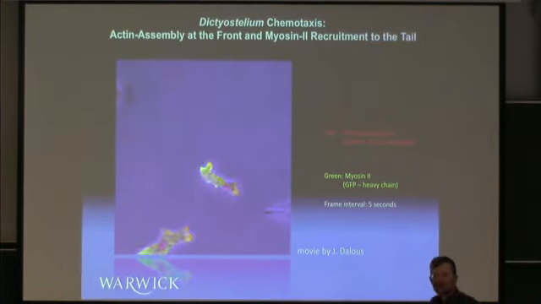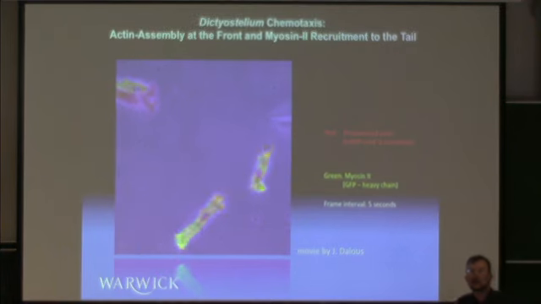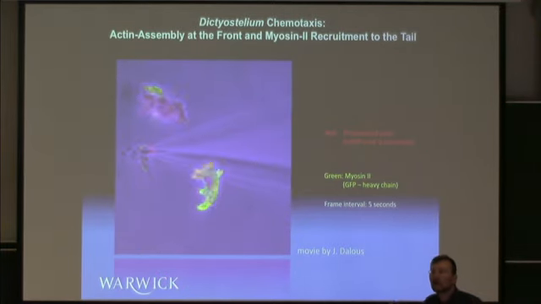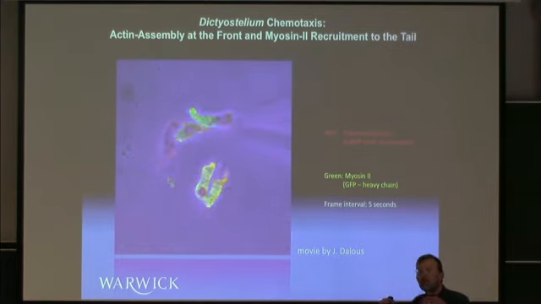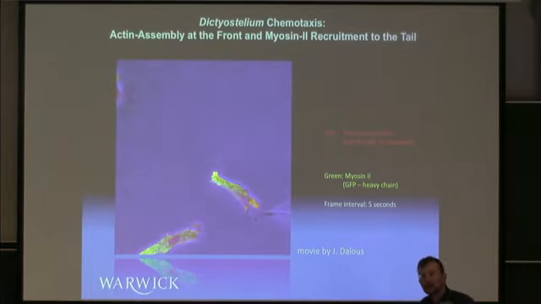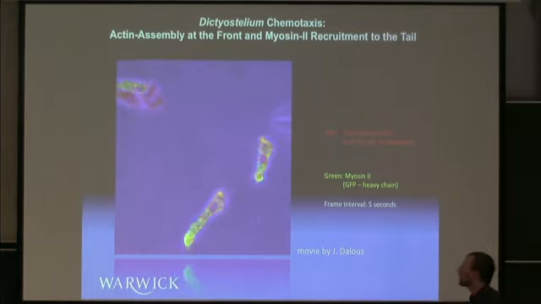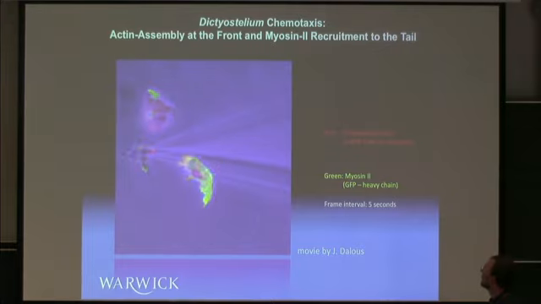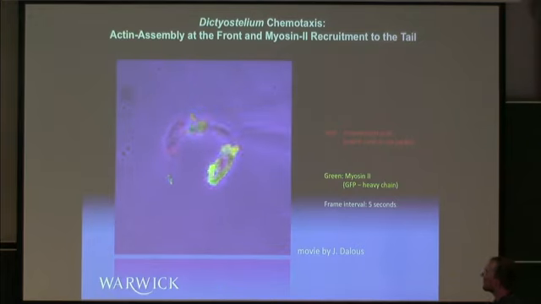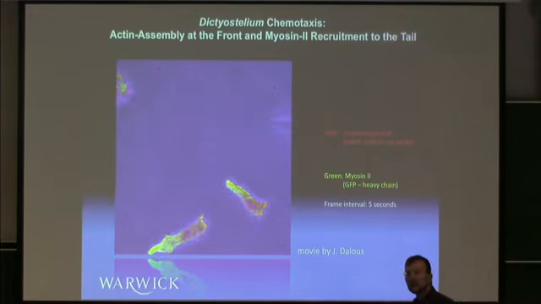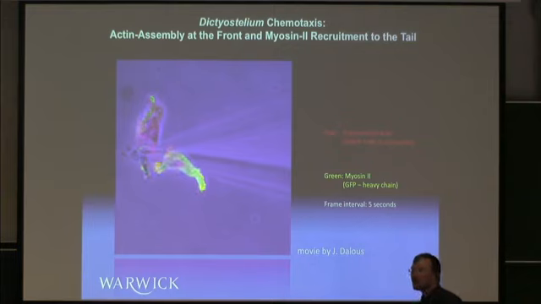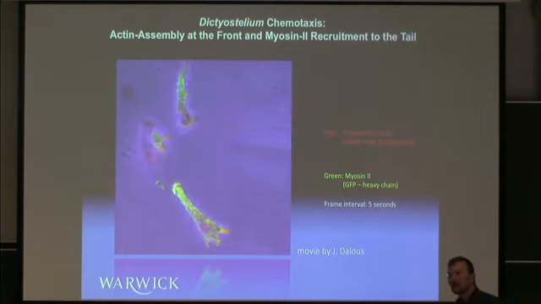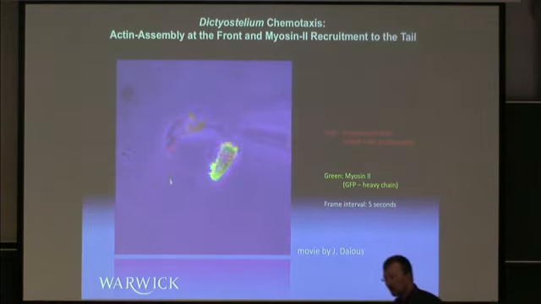This is where actin polymerizes into a highly branched, dense network, and the polymerization of that network provides the mechanical force to push the cell front forward, whereas myosin is enriched in the back of the cell, where its contractile mode of action is responsible for retracting the cell rear.